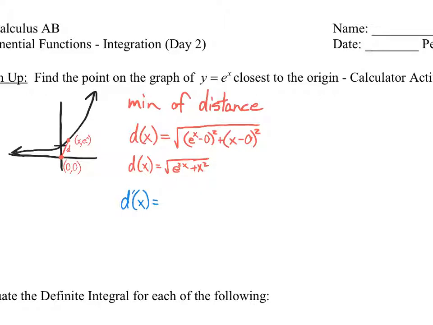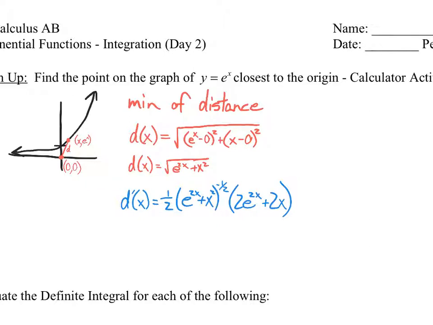So the derivative here uses the chain rule: 1/2 times e to the 2x plus x squared to the negative 1/2, times the derivative of the inside, which is 2e to the 2x plus 2x. Great. I'm going to simplify this a little bit.